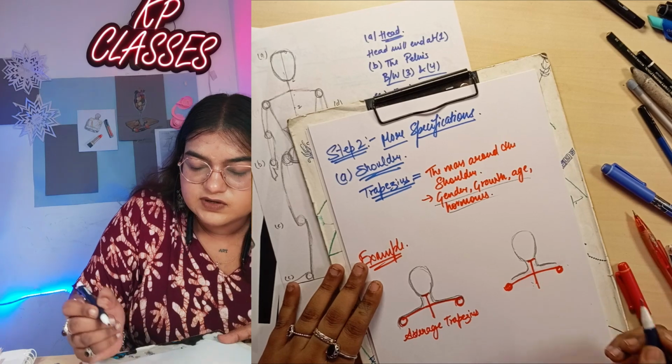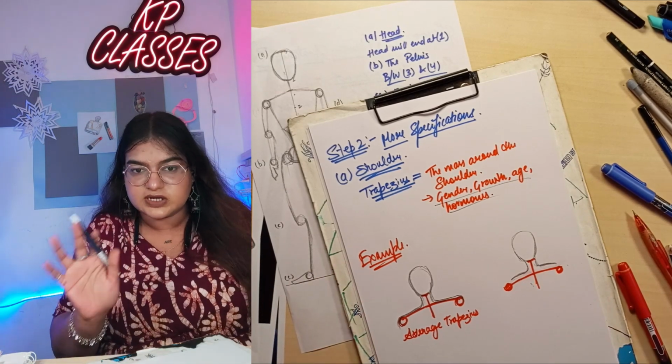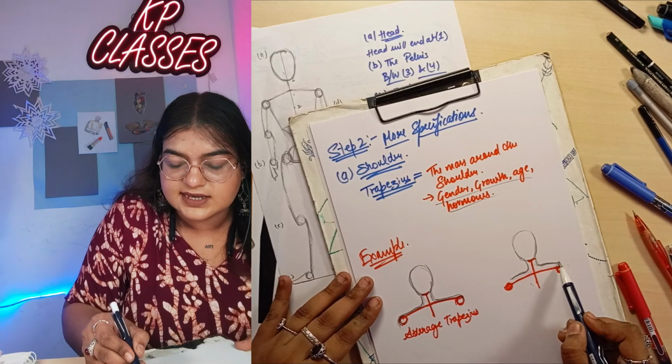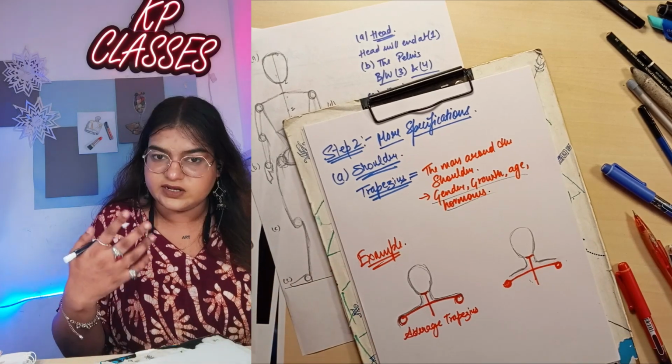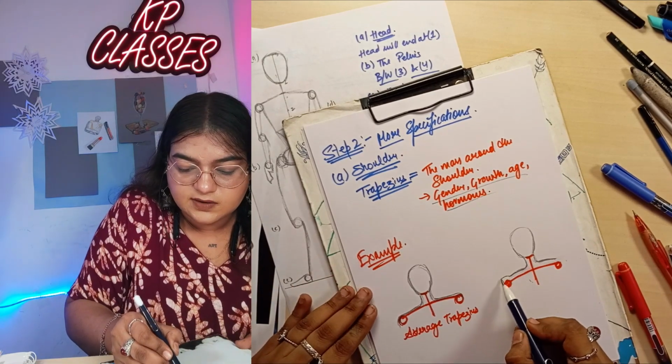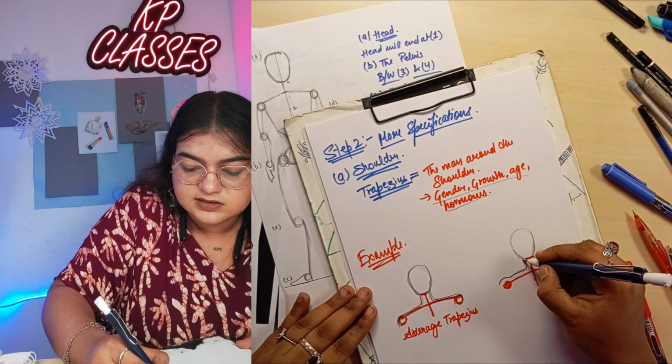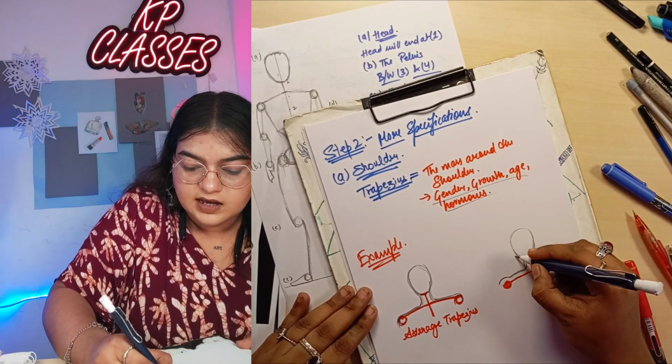Where the average one was a little lower, in general it's a little lower naturally. If a person exercising a lot develops the muscle, it will look uplifted. So see how the trapezius is going up.